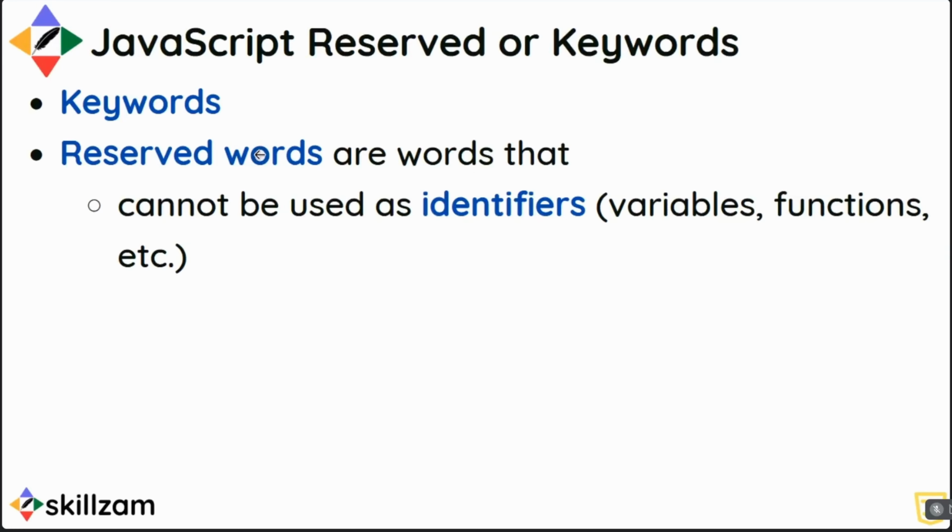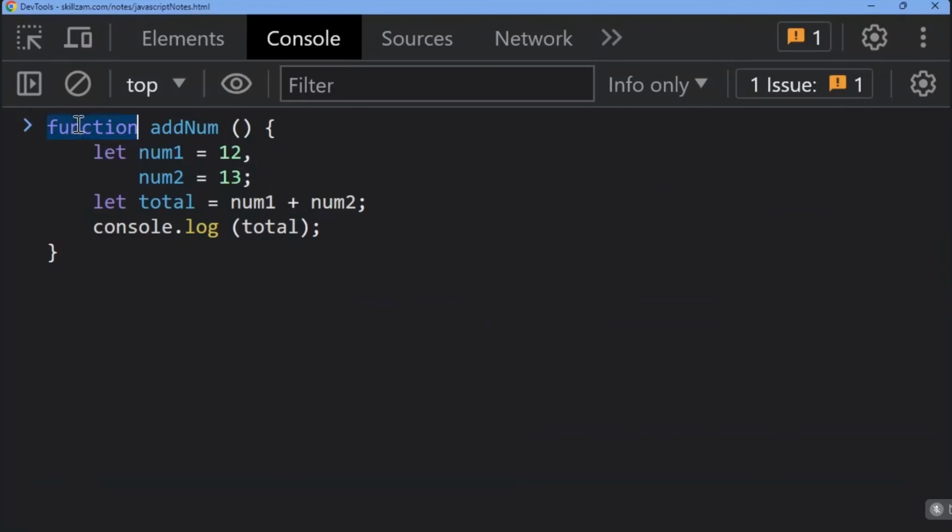But for now, understand that reserved words cannot be used as an identifier, which means when you are naming, for example, let function is equal to this, I can't go ahead and say const. I can't give an identifier a keyword or a reserved word. So I cannot name a function called const because const itself is a keyword.